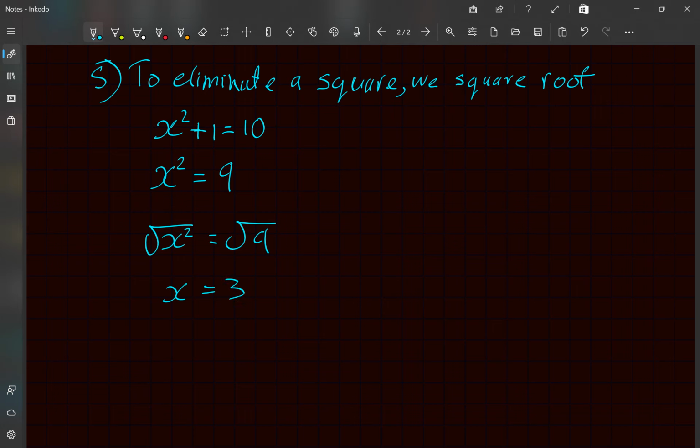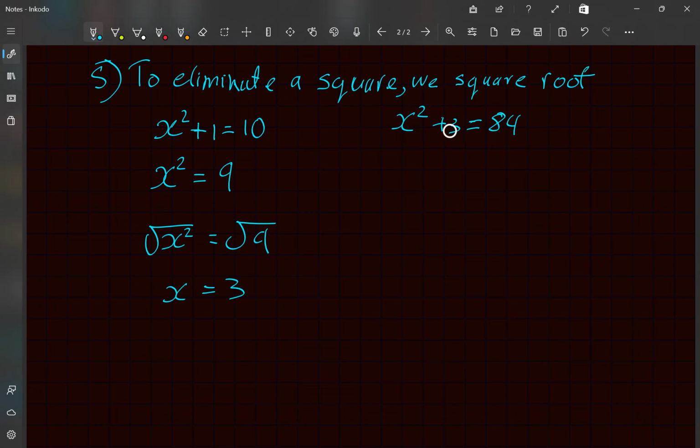Let's have a go at another. Right, so we need to solve for x.